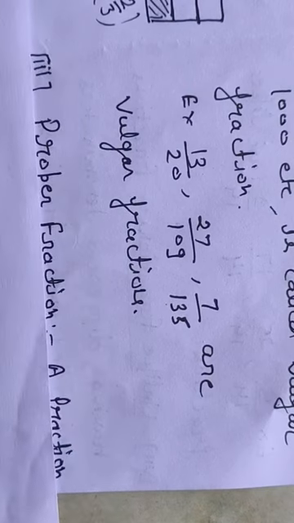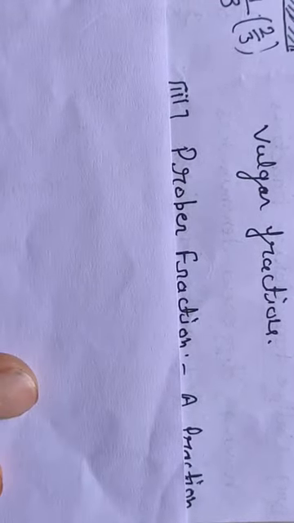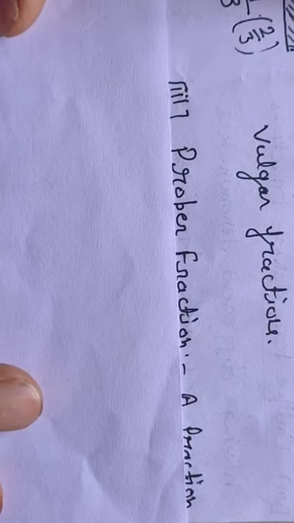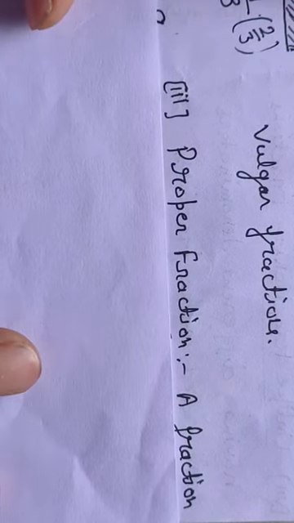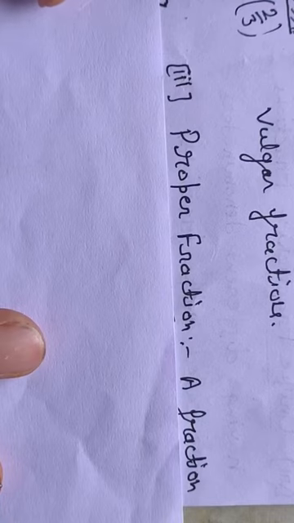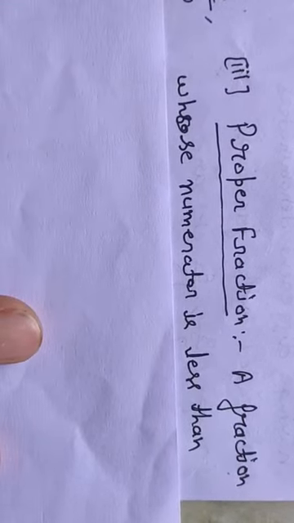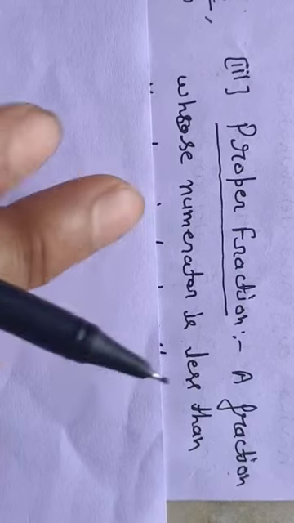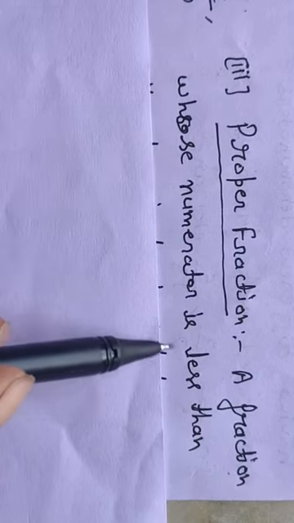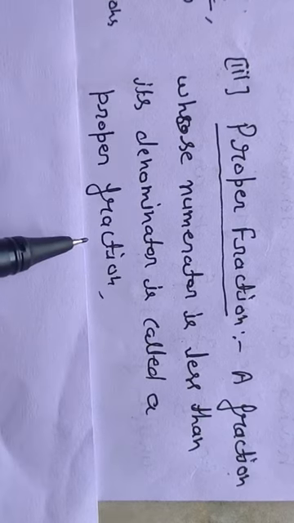Okay, now next is proper fraction. You have already listened to what a proper fraction is, but now we will discuss it again. A fraction whose numerator is less than the denominator. So a fraction whose numerator is less than the denominator is called a proper fraction.